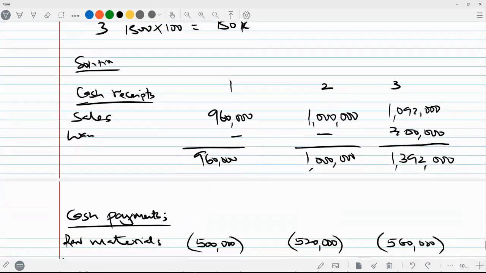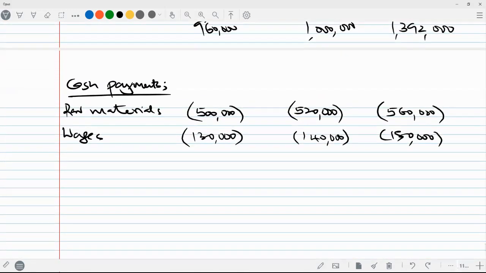There's note 7. A machine costing 400 is getting paid for in the month of March. So machine, okay, 400. And that is it.